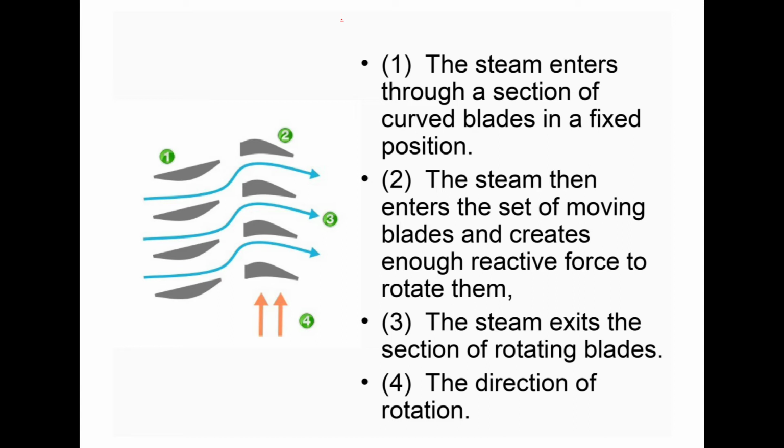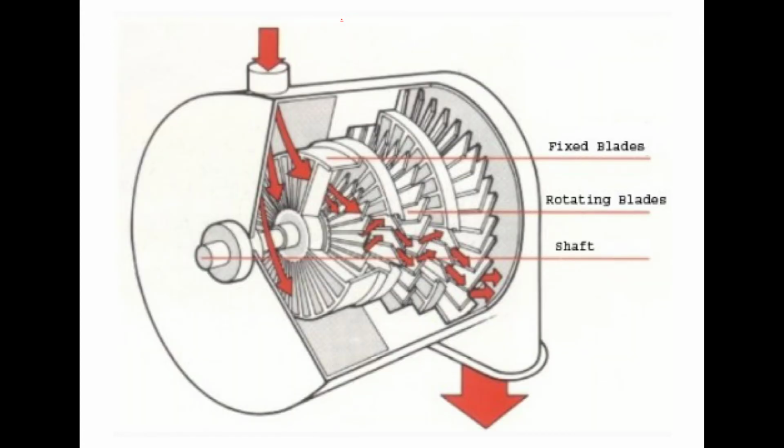The number 2 represents that the steam then enters the set of moving blades and creates enough reactive force on the rotating shaft. Third one is the exit of steam. The steam exits the section of rotating blades. Fourth one is the direction of the rotation. The rotation will come in that direction.